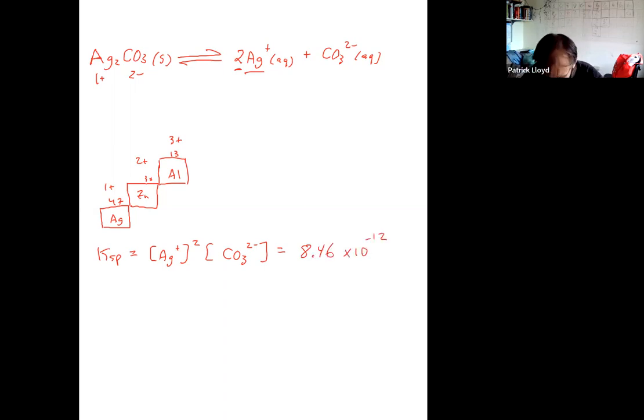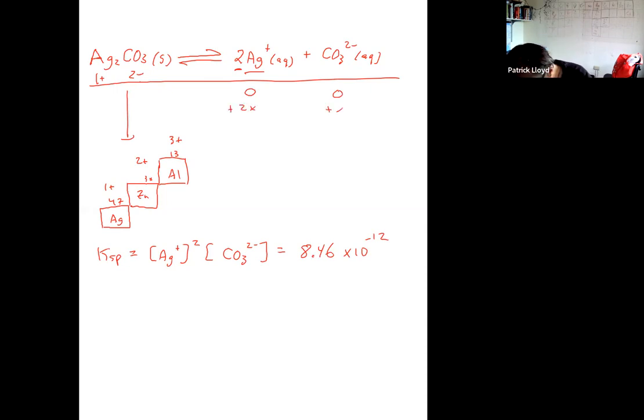Now let's go through the little ICE calculation, the ice box, sometimes people call it. Again, this is a solid, so we don't need to worry about it. These are 0 before anything dissolves. After it does dissolve, this goes up by 2x and this goes up by x, a 2-to-1 ratio. So once they're in equilibrium, you've got 2x and x.